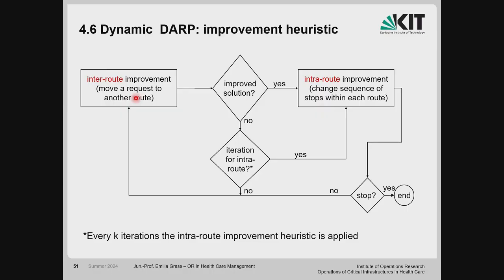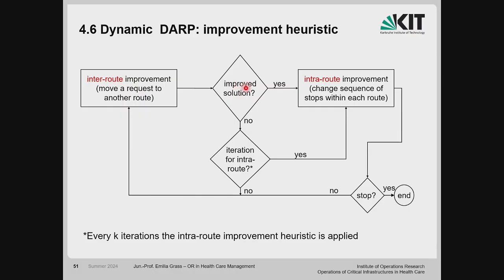We move one patient to another route, to another vehicle, and then we check if the solution is improved. Is our route now better? What does better mean? For instance, we have smaller lateness. If not, then we go again back to the inter-route step. We take another request, another patient, and move them to another vehicle.